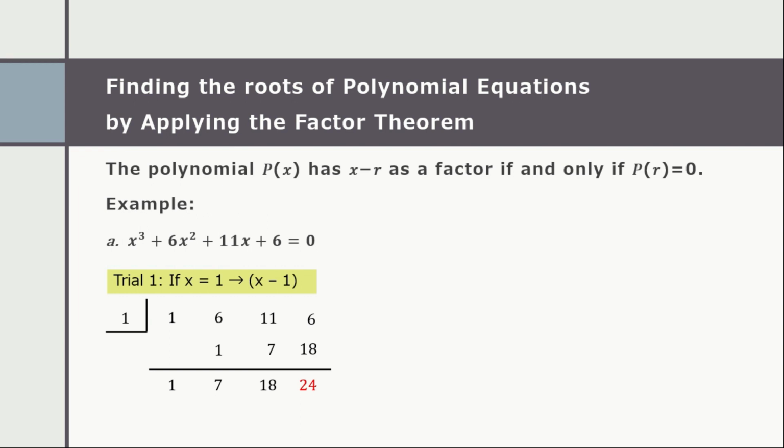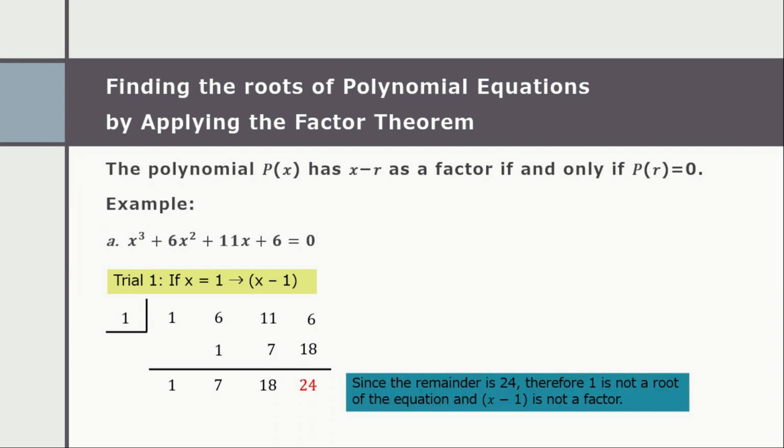Then 7 times 1 is equal to 7. Then 11 plus 7 is equal to 18. And 18 times 1 is equal to 18. Then 6 plus 18 is equal to 24. The remainder is equal to 24. Therefore, 1 is not a root of the equation and x minus 1 is not a factor.